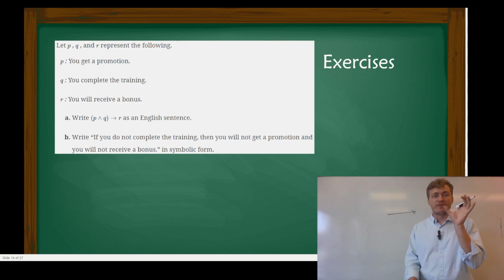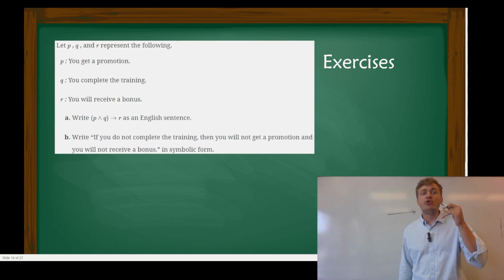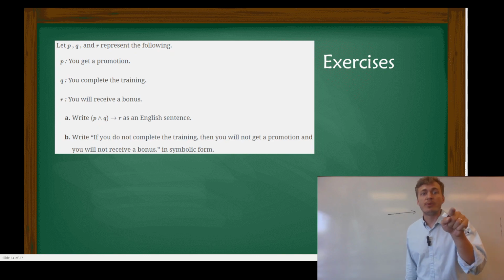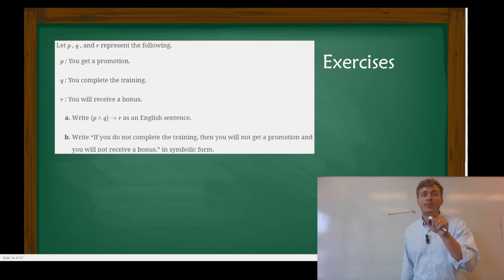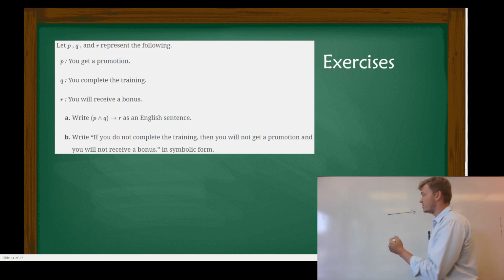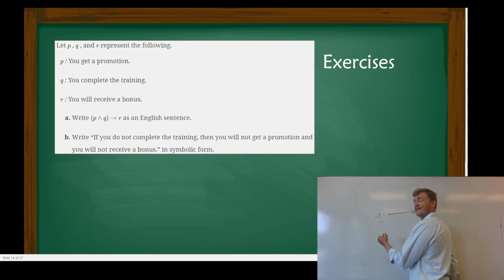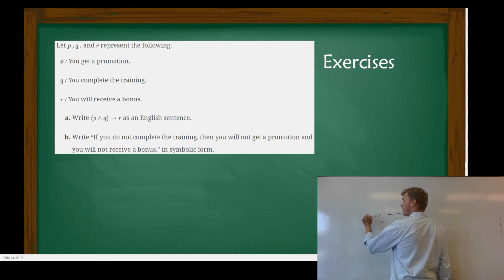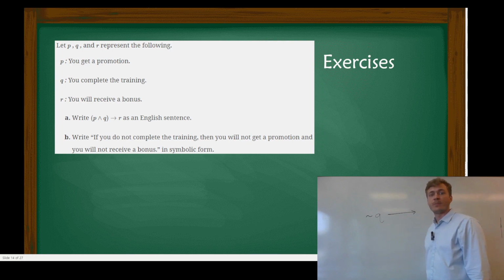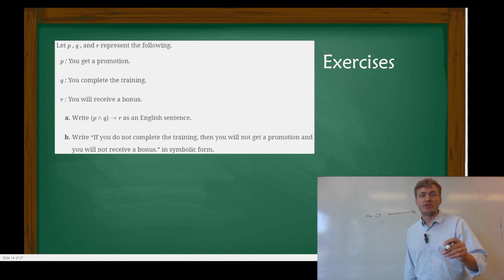What is a part of the if statement? If you do not complete the training, right? You complete the training is Q, but this is do not complete. So I'm going to negate Q. I'm going to take Q, and because this says do not complete, I'm going to put the tilde in front. Now, what is after the then statement? You will not get a promotion and you will not receive a bonus.